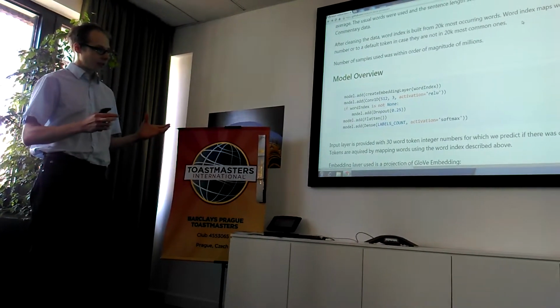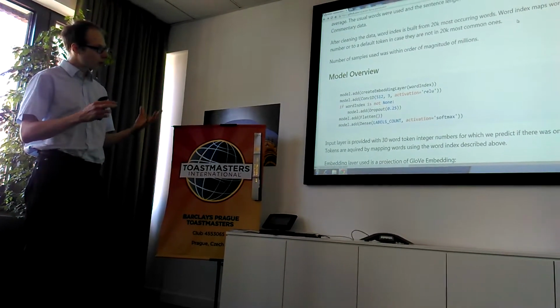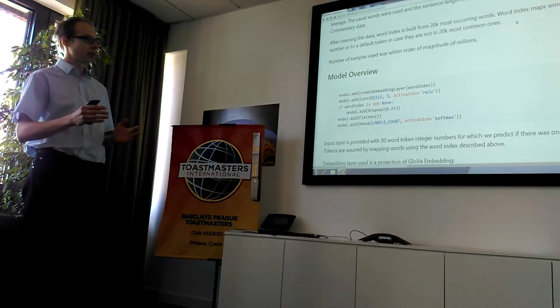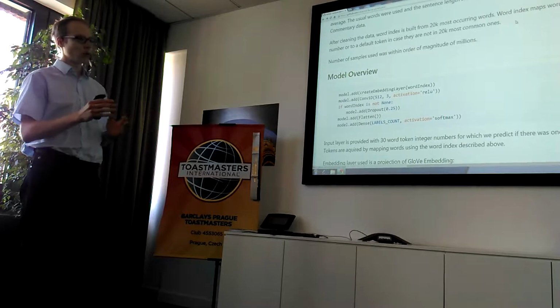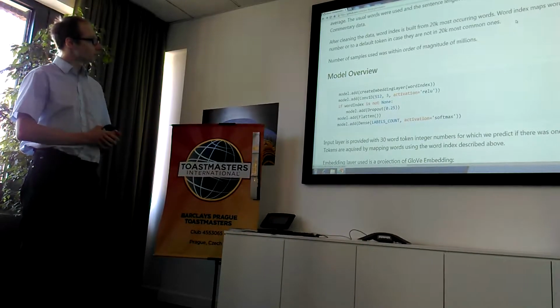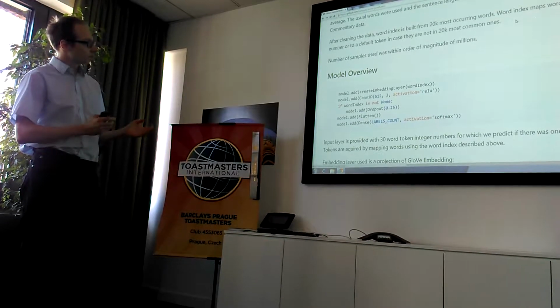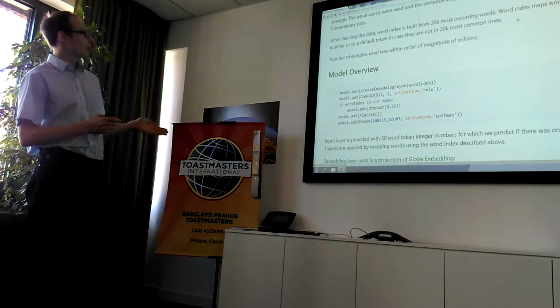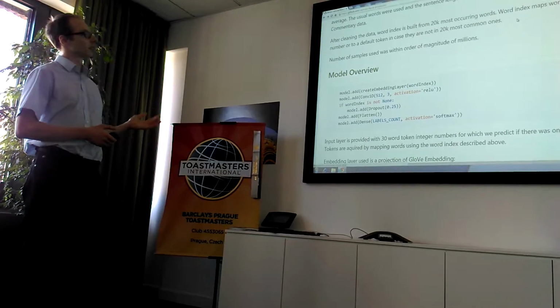So the model of the network only sees these words, and all other words it sees as unknown token. It is basically as if you knew only 20,000 words, which still isn't actually that bad.